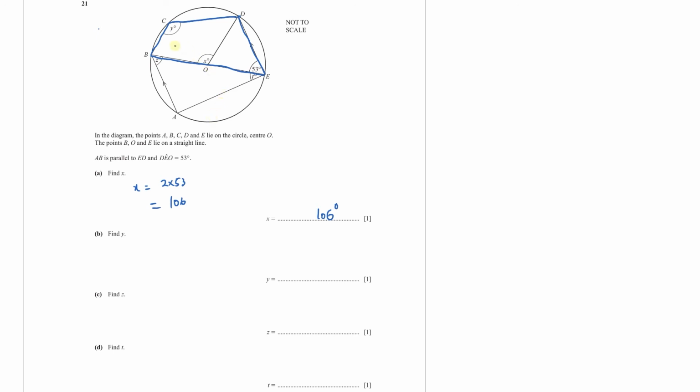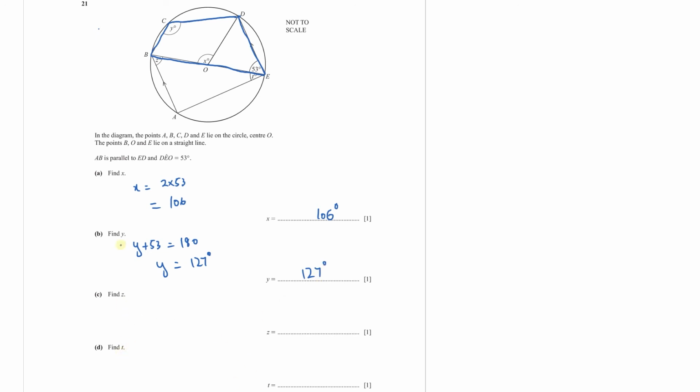And you know the property of cyclic quadrilaterals, that the sum of their opposite angles is equal to 180 degrees. So y plus 53 will be equal to 180. So y will be 180 minus 53, which is 127 degrees. So y will be 127.